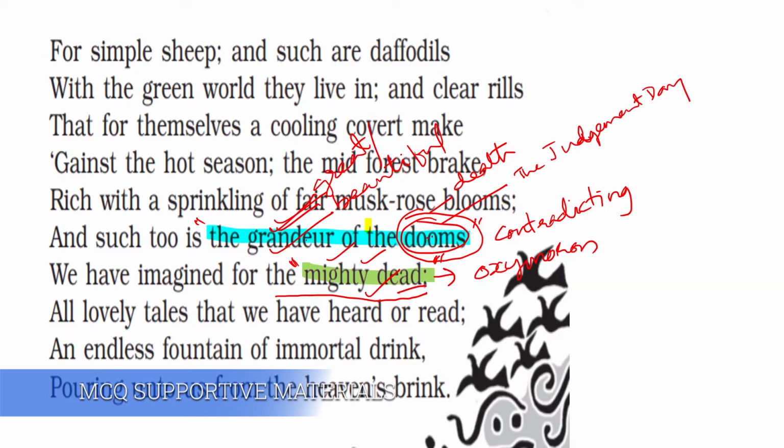Their great deeds, their achievements in their life made them mighty dead. So these opposite and contradictory ideas are used in the poem in consecutive words. So we say that it is an example of oxymoron. Let us move on to the next one.